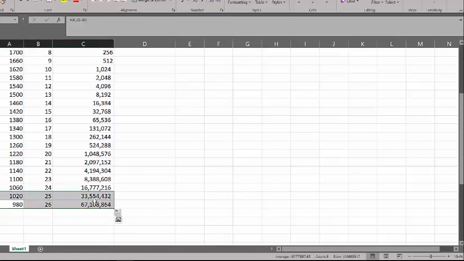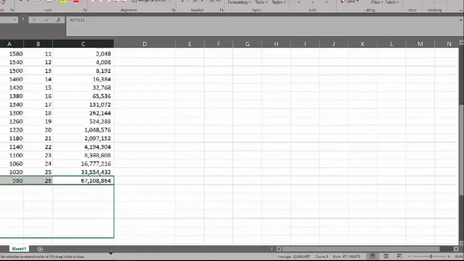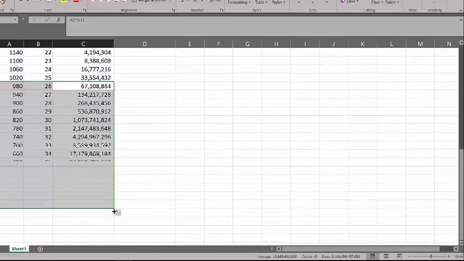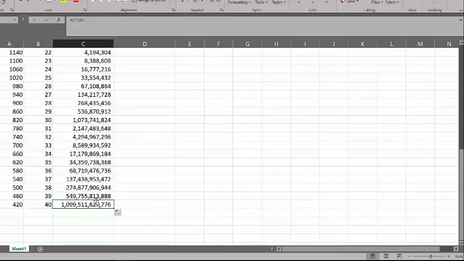It's a lot of ancestors. Let's keep going back even more, right? Lots and lots of ancestors. All right, let's go ahead and stop here. So at 420, it looks like you would have, let me make sure I get this right. Yeah, about 1 trillion ancestors.